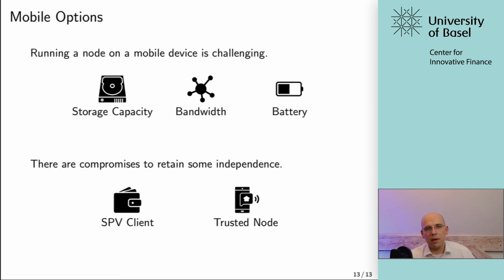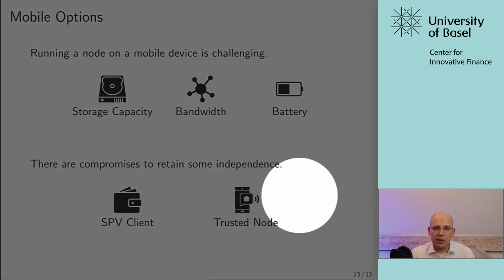With simplified payment verification, you get the information from various nodes. The reason behind this is that when one of these nodes would be trying to cheat you, trying to relay false information, you would most likely get conflicting information from someone else and see that something is wrong.